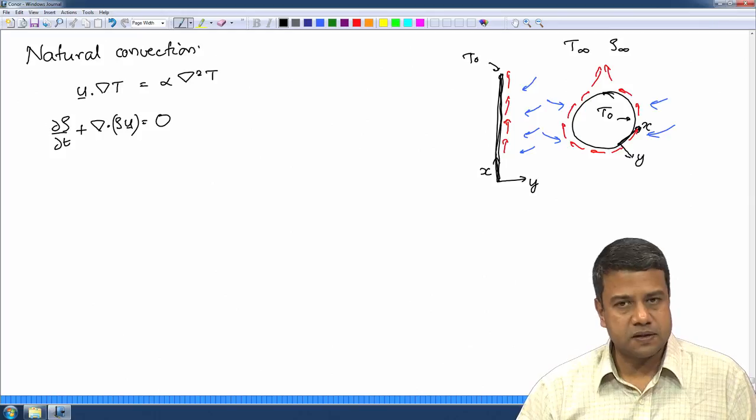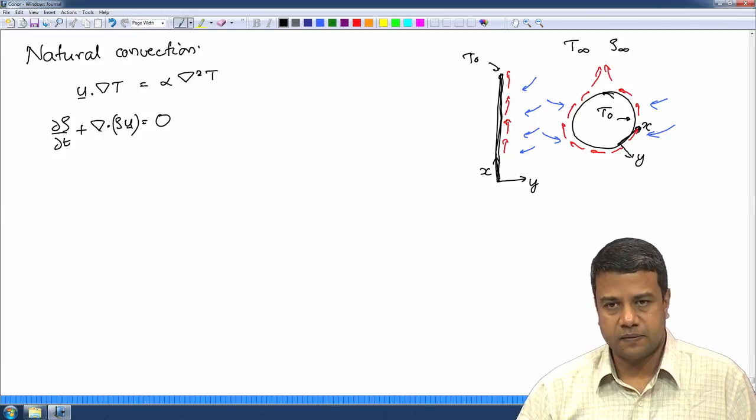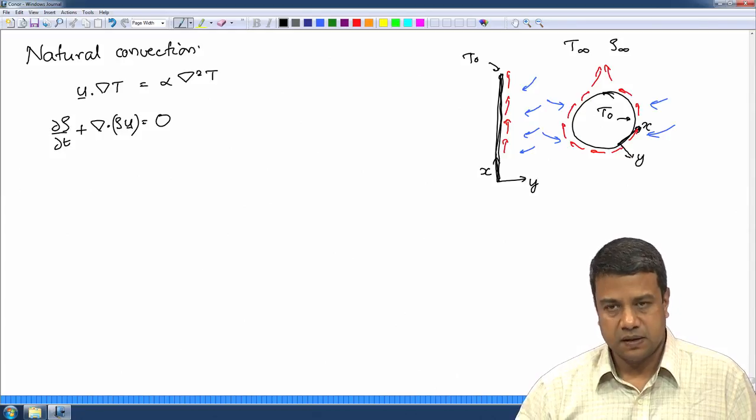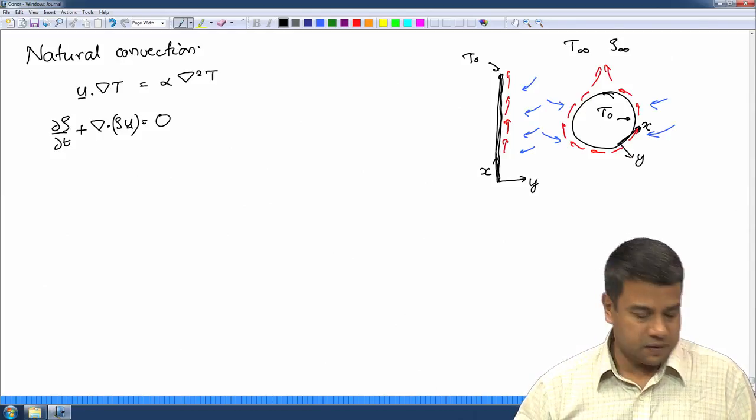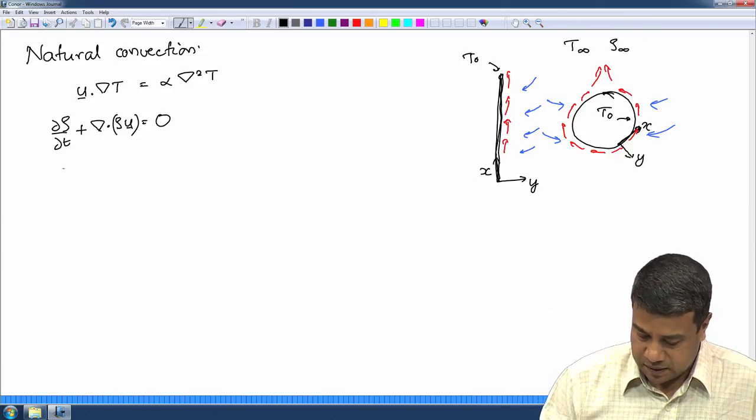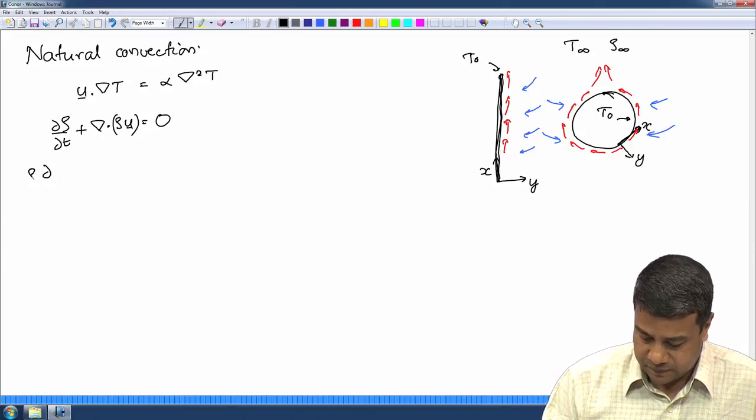And the momentum conservation equation we had derived when we had looked at mass, energy, momentum balances. I will write down the momentum conservation equation for a compressible flow.